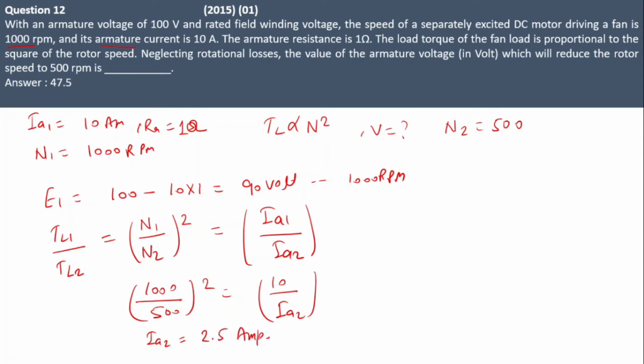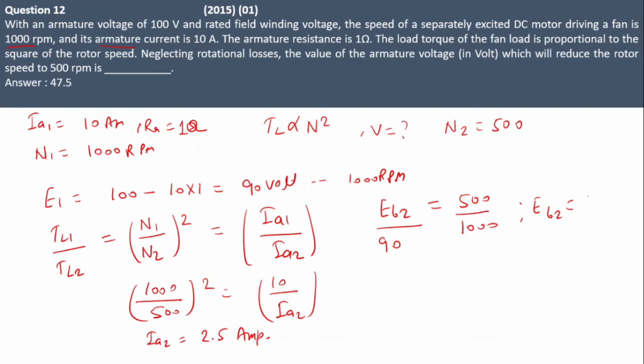Find out EB2 for 500 rpm divided by 1000. 1000 is EB1, this is 90 volt. So you will get EB2 equal to how much? 40.